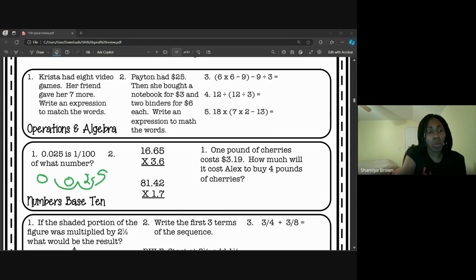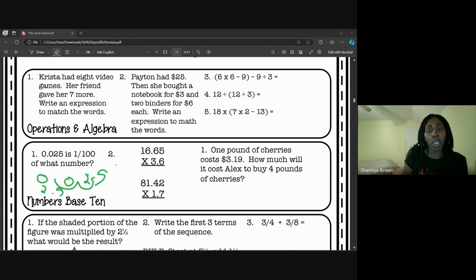So my answer would be 2.5. 0.025 is 1/100th of 2.5, because remember, when you divide by 10 you go backwards. That means this number had to be smaller than where I started. So 2.5. Okay, next one.